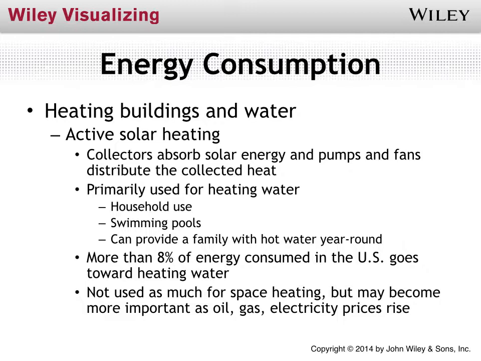And honestly, when you look at a typical household, a lot of our energy is used for heating water, doing dishes, doing clothes, taking showers. Those kinds of things account for a lot of energy. And then whether our hot water heater is gas or electric also makes a huge difference. But also in areas where there's a lot of swimming pools, the solar energy can be used to heat those as well.